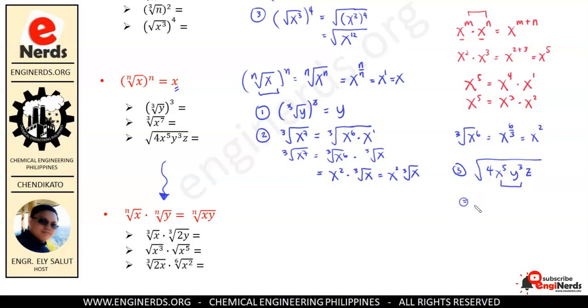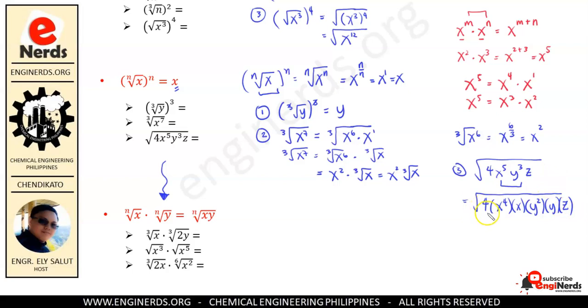So we will have here the square root of 4 times x to the 4th times x. Okay, then times y squared times y times z, right?